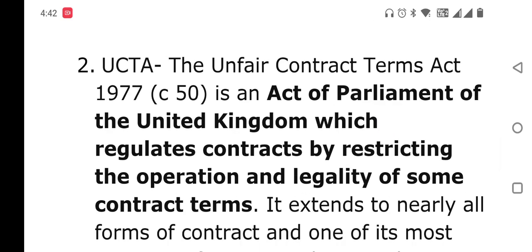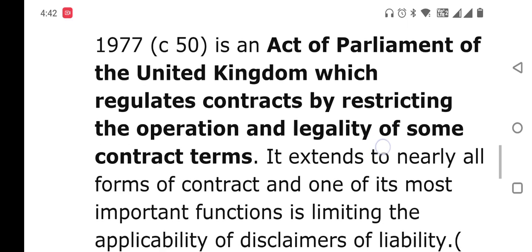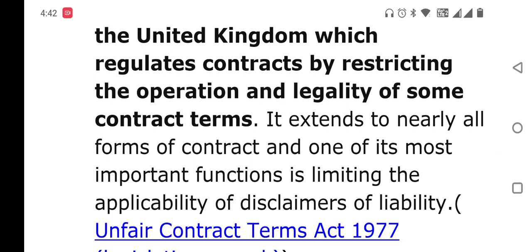And then the second concept for this video is UCTA, the Unfair Contract Terms Act 1977. This is an act of the Parliament of the United Kingdom which regulates contracts by restricting the operations and legality of some contract terms.